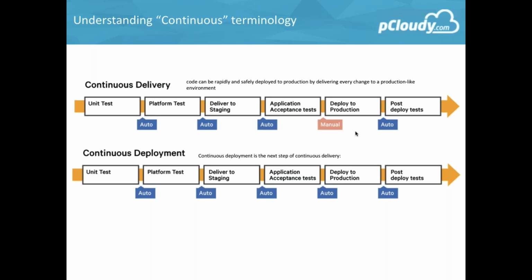Now, in both these processes, CI, CD, continuous integration plays the key role. So when I talked about the automation process of pushing the change from one stage to other, that's driven by this process called continuous integration.